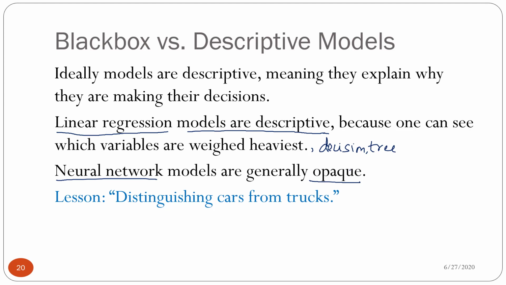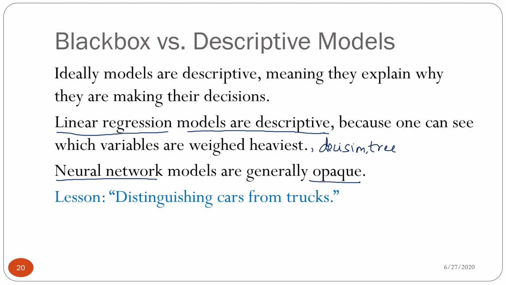So an interesting thing has been mentioned in our textbook, which is about an experiment which was done to classify or distinguish the cars from the trucks. It was based on images of the cars and images of the trucks, which were fed, and the model was trained to distinguish the car's image from the truck's image. After getting a very good performance on the training, this model was tested on test data, and unfortunately this model did really badly.